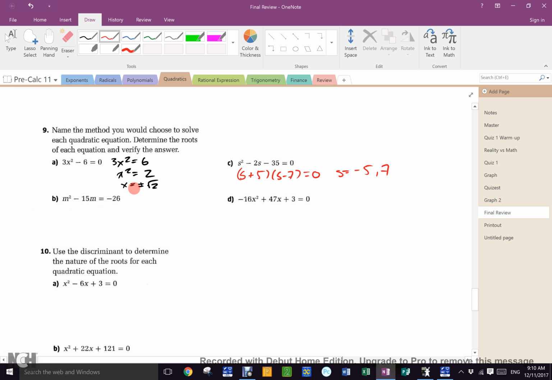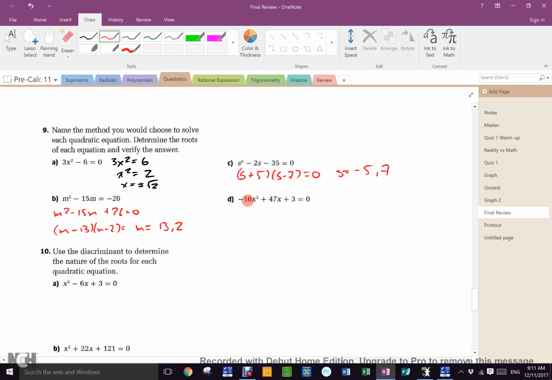What are you going to do with the next one? Factor again. That's m squared minus 15m plus 26 equals 0. So that's m minus 13, m minus 2. So m has to equal 13 or 2. And what about that one? You're going to quadratic it? Really?